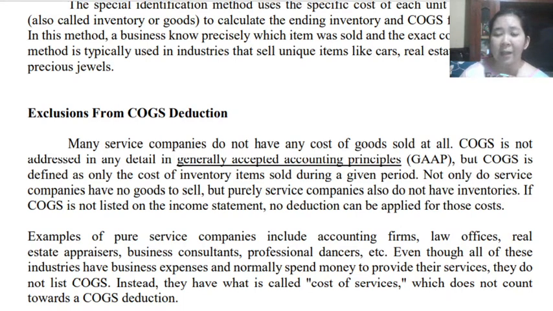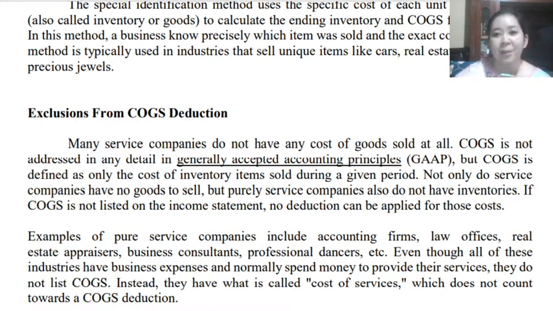But they can use cost of sales or cost of their services. Because of this definition in our standards, a service type of business directly classifies their expenses and deducts them from their revenues.